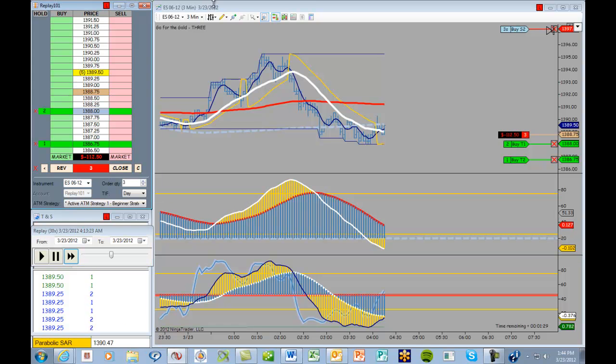Incidentally, we are still using the same money management setup, which is our 3 contract, 2 target.